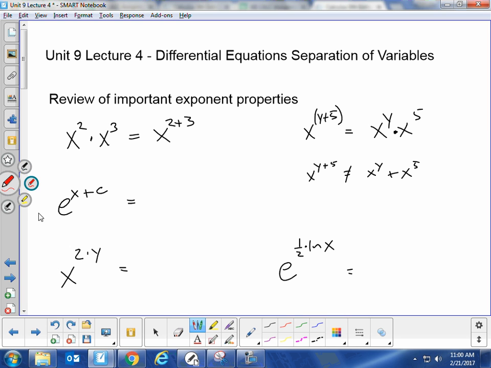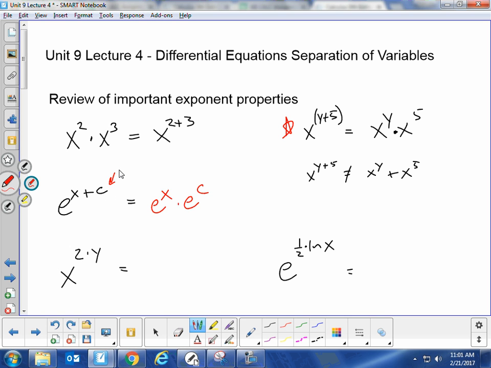Why is that going to be helpful? Well, we're going to see some situations where we have e to the power of some variable plus c. And I can use this property here to rewrite this as e to the x times e to the c. And sure, that's great. But we can go a little bit further.